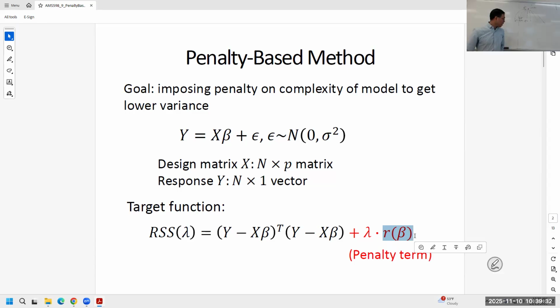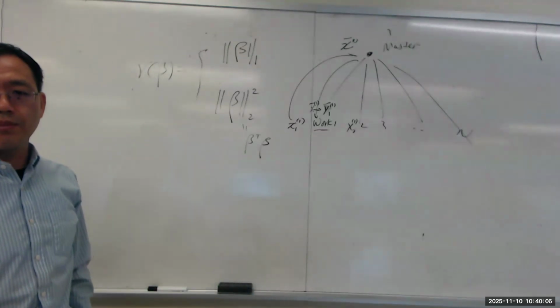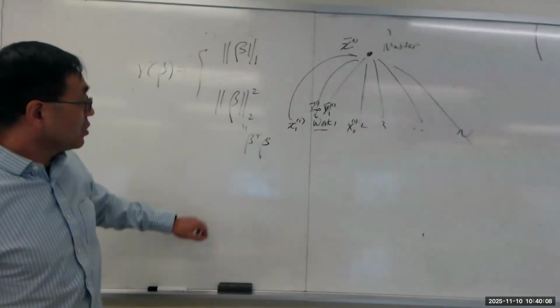The popular penalization terms for R(β) are the L1 norm and the squared L2 norm. The L2 norm is β transpose β, and the L1 norm is the sum of absolute values.